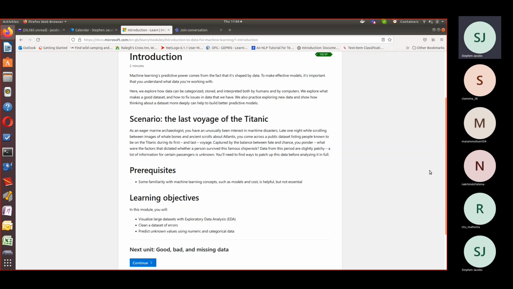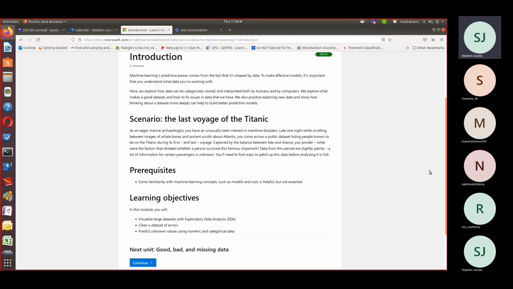Okay, here's a scenario. As an eager marine archaeologist, you have an unusually keen interest in maritime disasters. Late one night, scrolling between images of whale bones and ancient scrolls about Atlantis, you come across a public data set listing people known to have been on the Titanic, its first and last voyage.